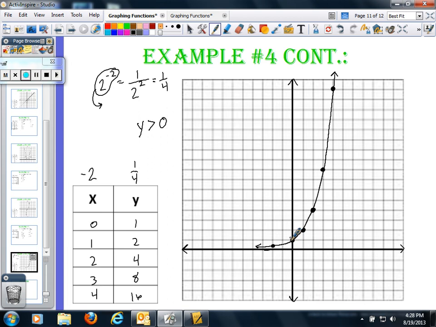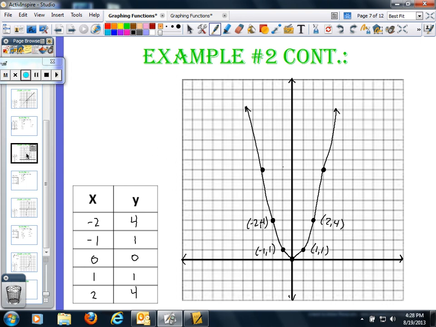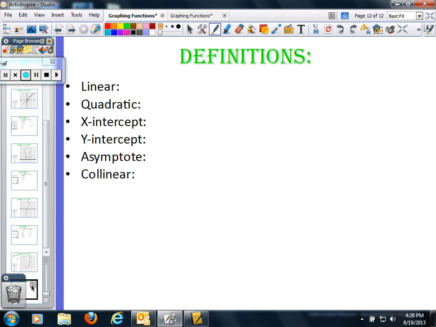And let me actually go to one of the other ones. This point right here would be a y-intercept, and it would also be an x-intercept as well. You'll need to look up the definition for those so you understand that a little better. You'll also need to look up the definition for asymptote, which we just talked about, and collinear, which we talked about a little bit ago with the linear equations.